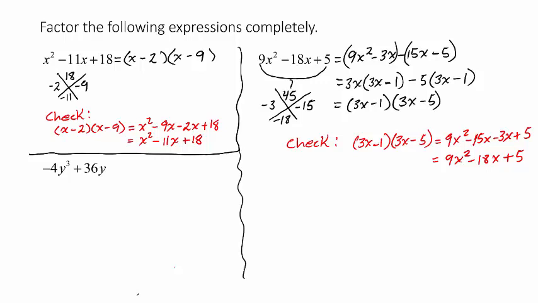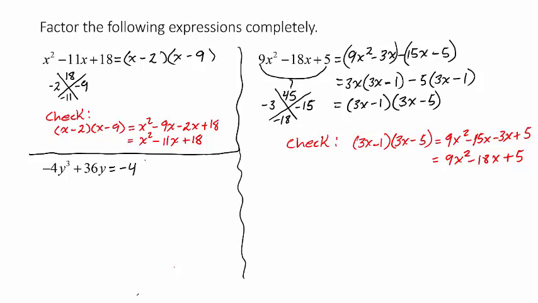Okay, now looking at this last example, negative 4y cubed plus 36y. Okay, so it's a binomial and it's got a lot of stuff going on. I notice a greatest common factor I can pull out, right? The negative out front is problematic, so you want to always pull the negative out if you have a negative leading coefficient. Between 4 and 36, 4 goes into 36, right?